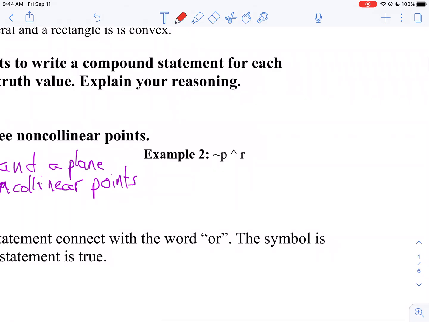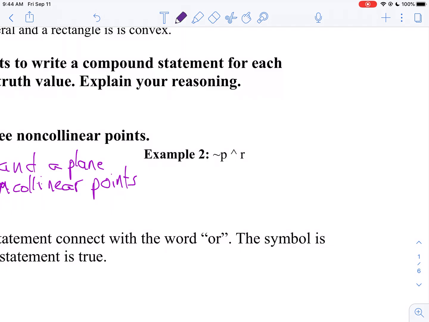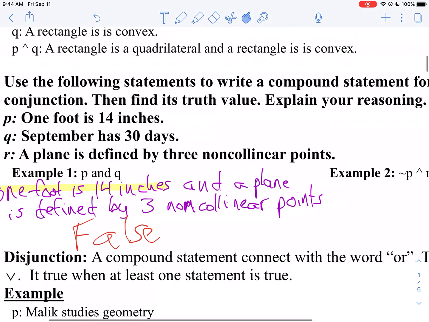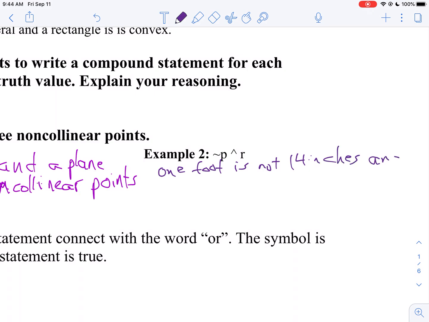Let's take a look at example 2. We want to do not P and R. So not P would be a foot is not 14 inches, and a plane is determined by 3 non-collinear points.